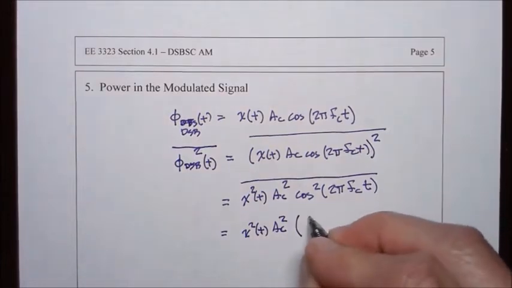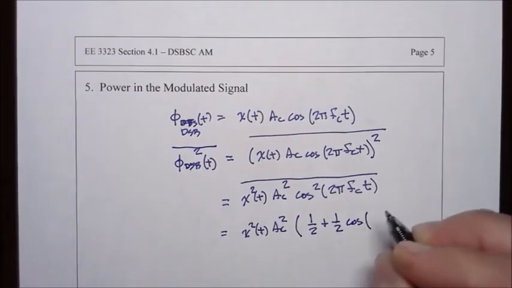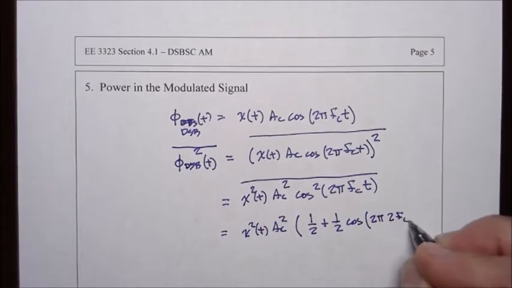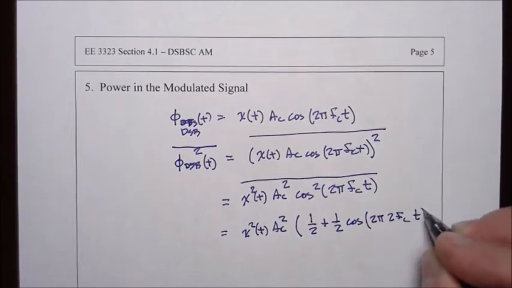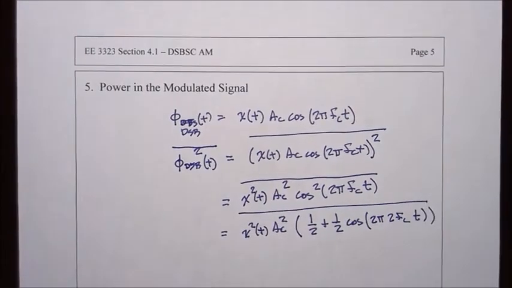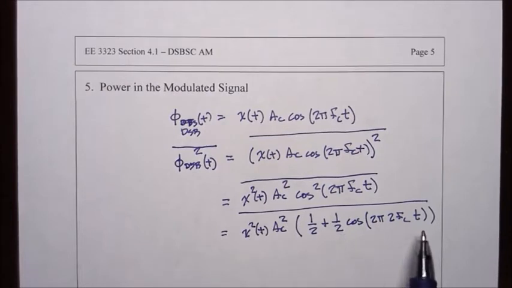We can apply the trig identity, cosine squared equals 1/2 plus 1/2 the cosine of twice this angle, which would be 2 pi times 2fc times t. And now we're taking the time average.